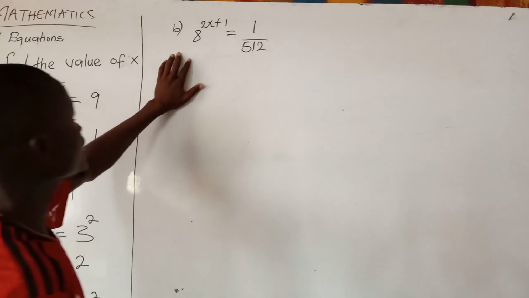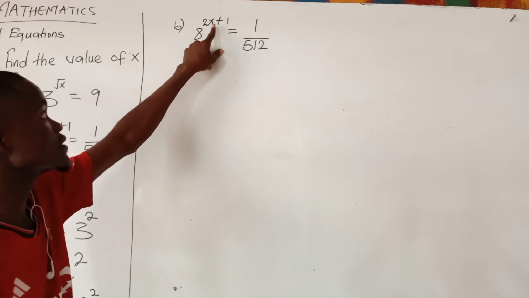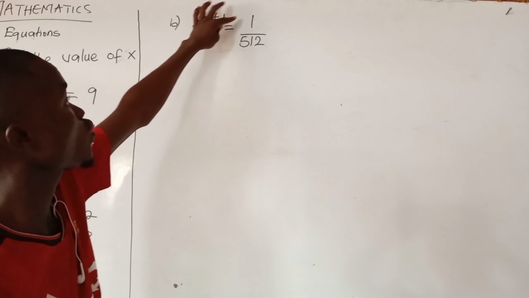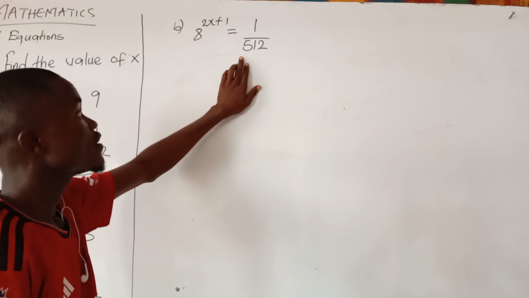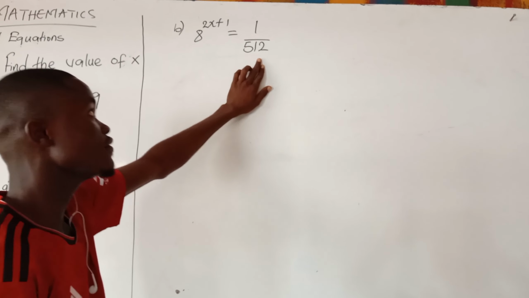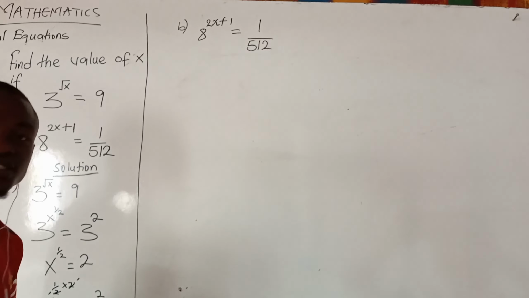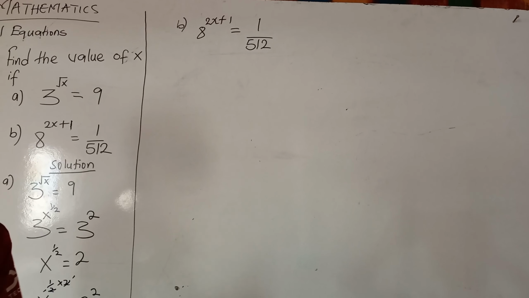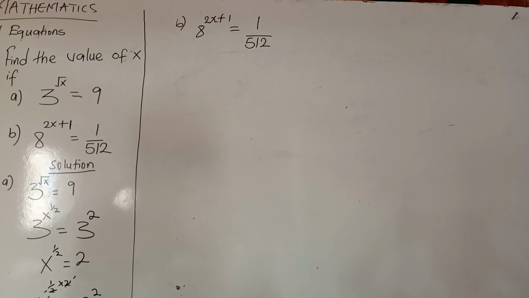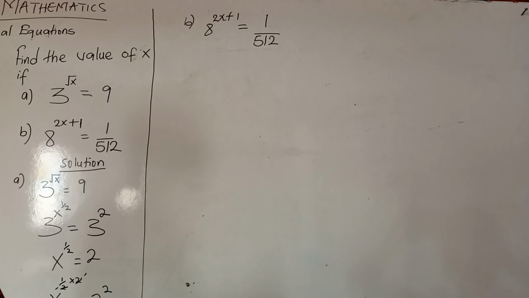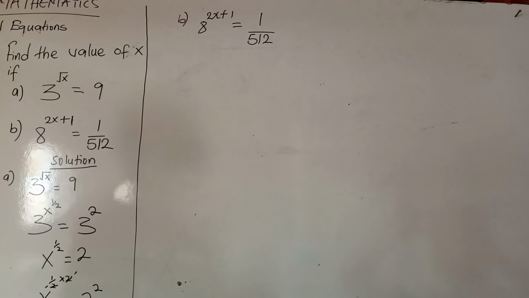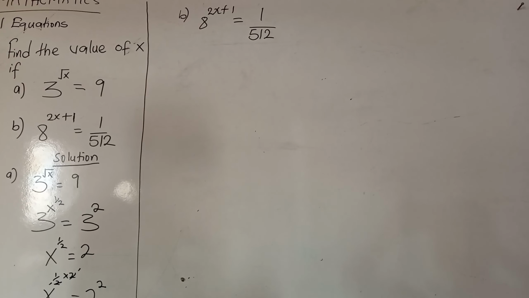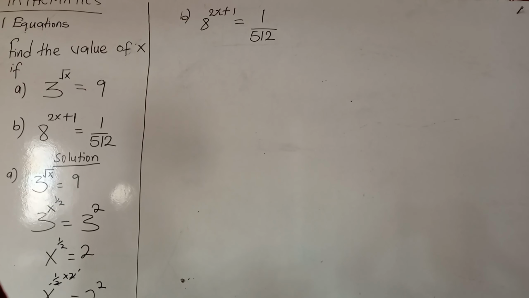Now, B says 8 raised to the power 2x plus 1 equal to 1 upon 512. This question is very simple and straightforward. Mind you, if you want to solve problems on exponential equations, master indices firstly, how to express numbers in index form.